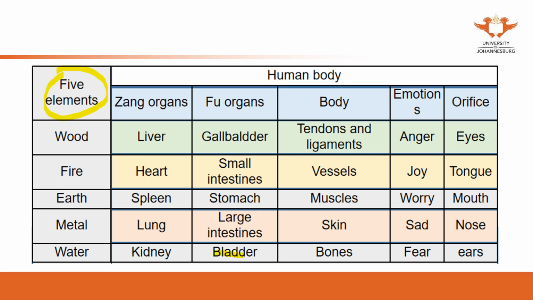Why will the emotion affect different organs? That's also the relationship, because these emotions can affect each other according to the relationship of the 5 elements.